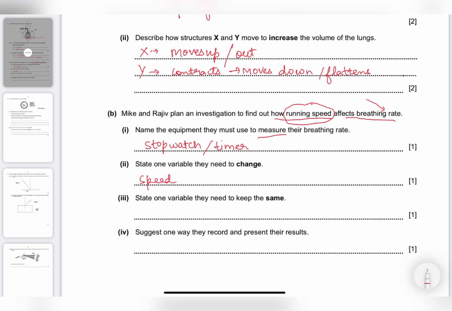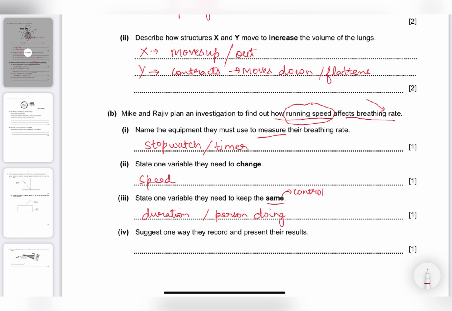State one variable they need to keep the same, that is the control variable. We have to have control on this, right? Then only we will get the right results. What should they keep same? They can keep same the duration, or they can keep same the person doing the running.